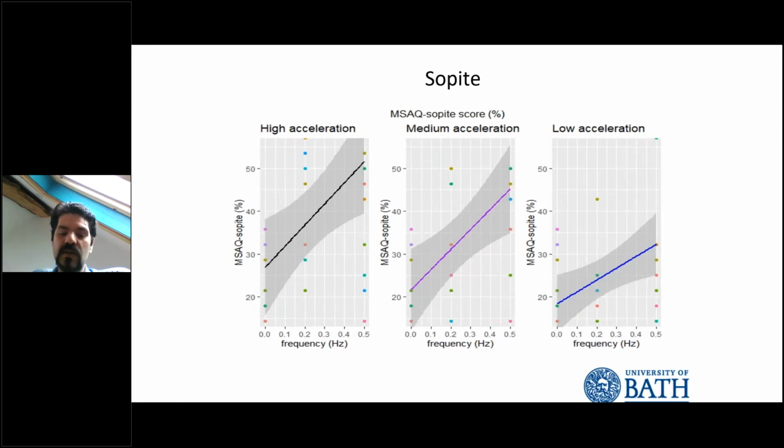These graphs are based on the frequency of the vibration, and you can see that for high accelerations the effects are higher. We have higher sopite syndrome indicators for high accelerations compared to low accelerations, and as the frequency on the horizontal axis increases, the magnitude of the sopite indicators also increases, which is quite interesting.